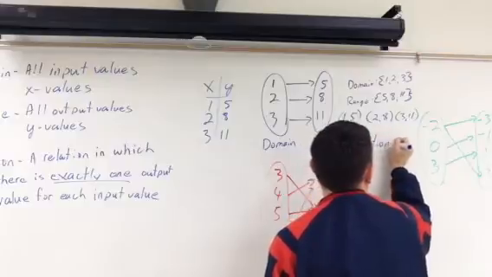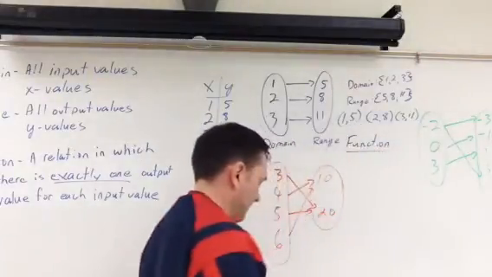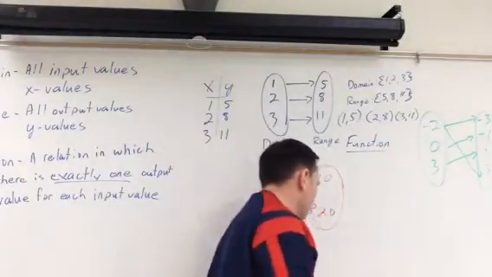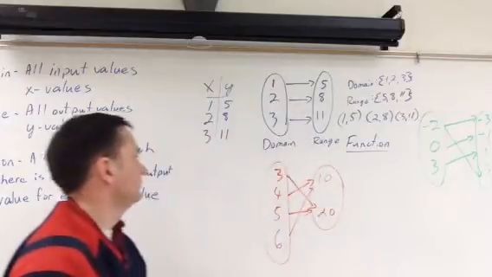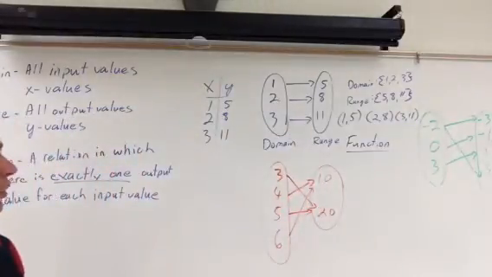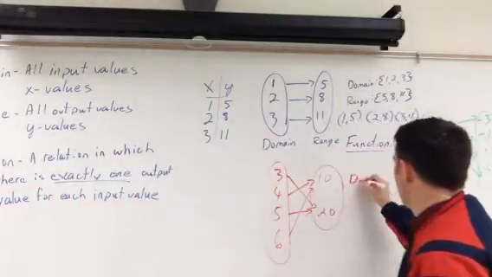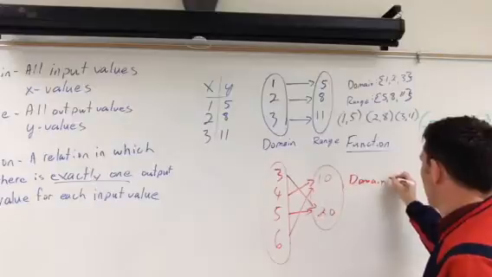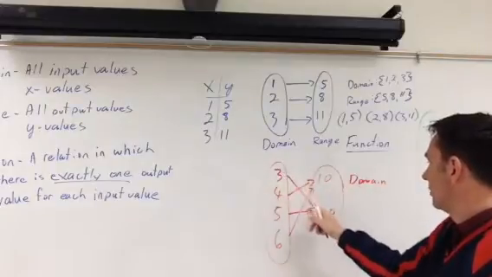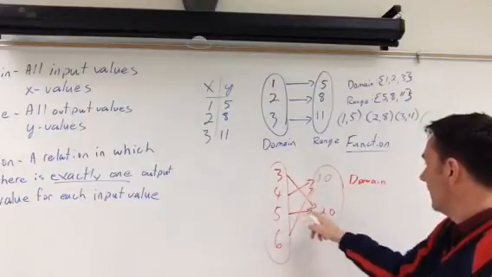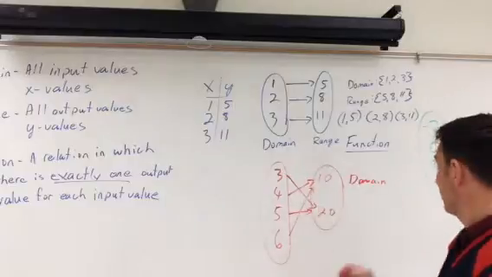You have to identify if these are functions or not. Now let's look at this red one. So think about what your domain is. Again, we have an arrow of 3 going to 20, 4 going to 10, 5 going to 20, and 6 going to 10.